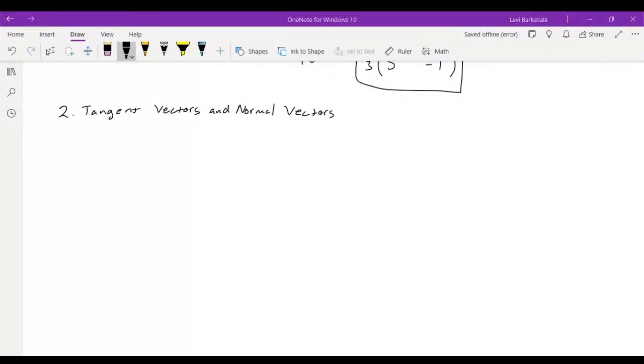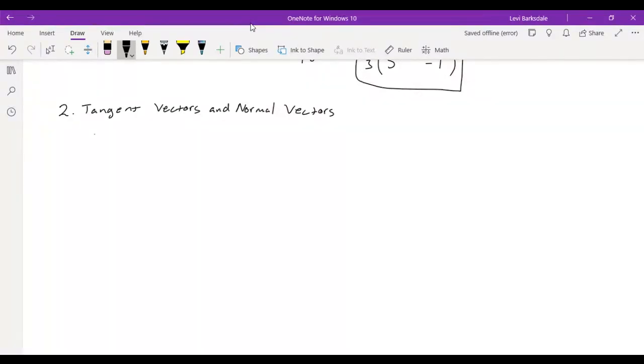There are a couple of important vector components. So let's say that we have r of t, and it is a vector valued function. Well, then there are two vectors called the unit tangent vector and the unit normal vector.